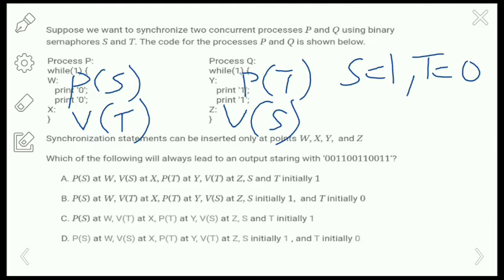If you perform a down operation on a semaphore that is 0, it cannot enter the critical section and the process will be blocked. Now s is equal to 1, so P of S performs a down operation on s, which becomes 0, and process P enters the critical section. It prints the string 0 0.